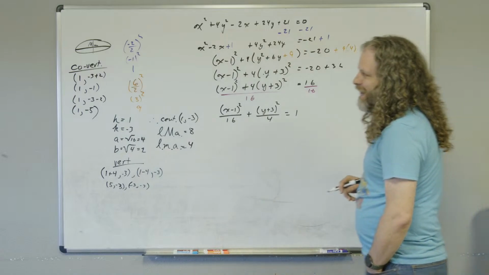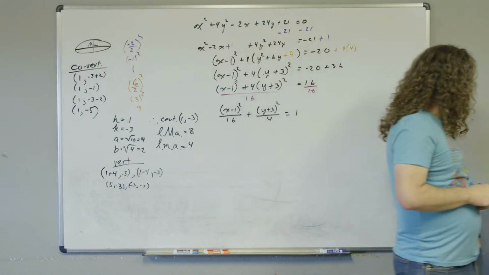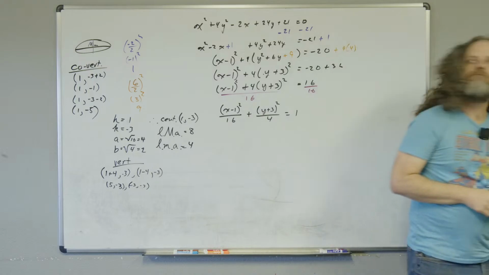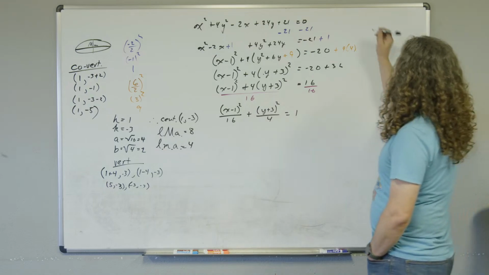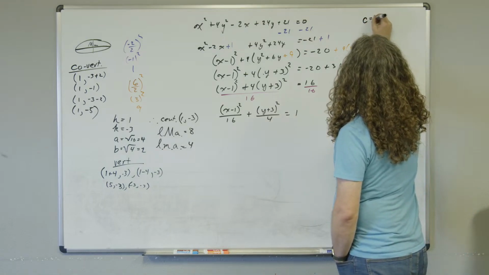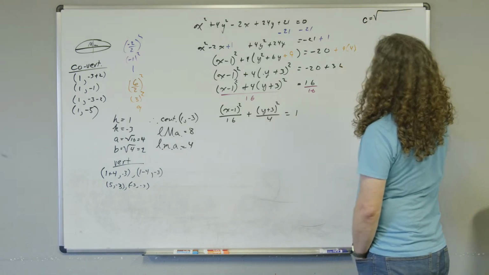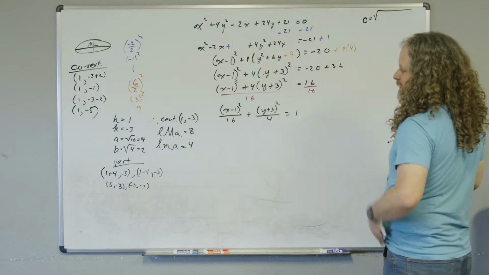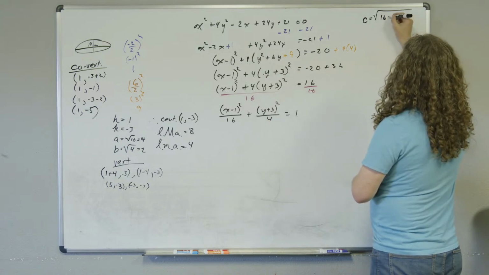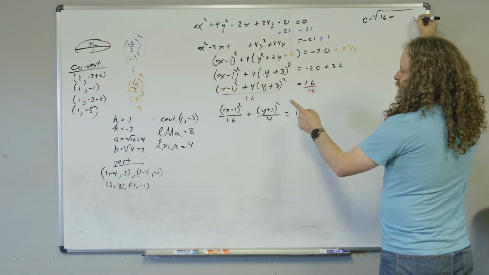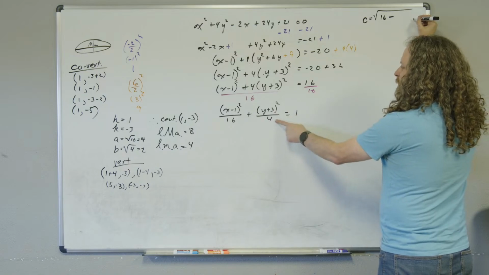So let's pretend like the instructions also said to find the foci. In order to find the foci, we have to find C. Square root of A squared minus B squared.